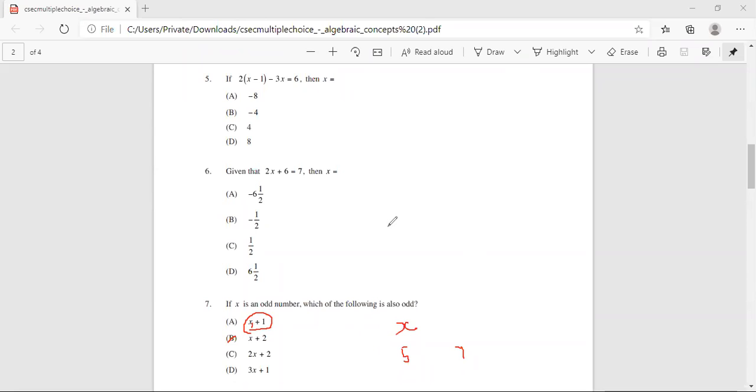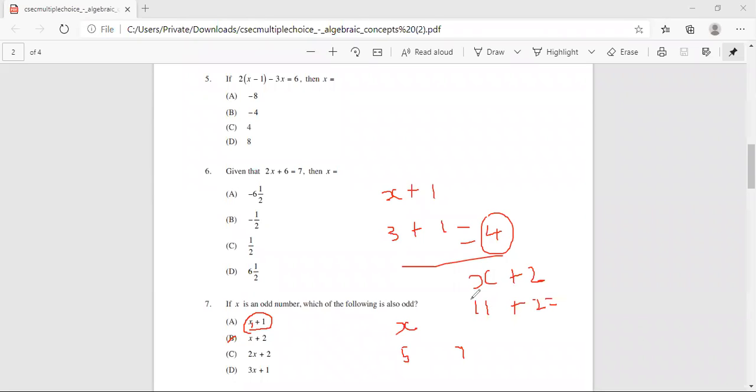Let's say the odd number is 3, using the first condition, X plus 1. This odd number is 3 and we add 1 to it. What do we end up with? An even, number 4. Good. But if we use the second condition, X plus 2, let's say we get 11, and we add 2 to it.